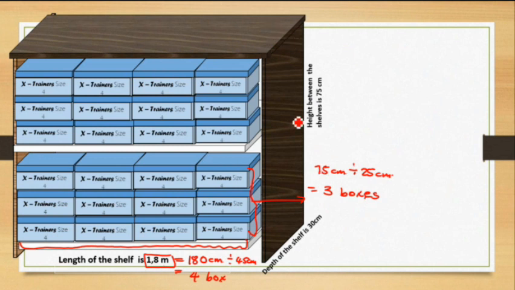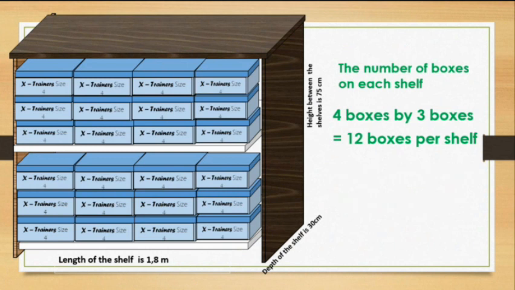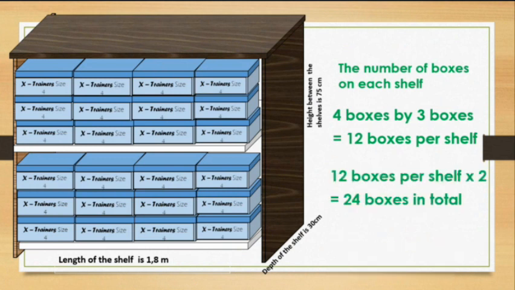Now we couldn't put the boxes behind each other, so we were limited in that regard. So basically now we just need to fit 12 boxes on each shelf, meaning that the total number of boxes that we can fit will be 24. Okay, so it's just 4 times 3, which is 12 per shelf, and then times by 2, because there's 2 shelves, which we have 24 boxes in total.